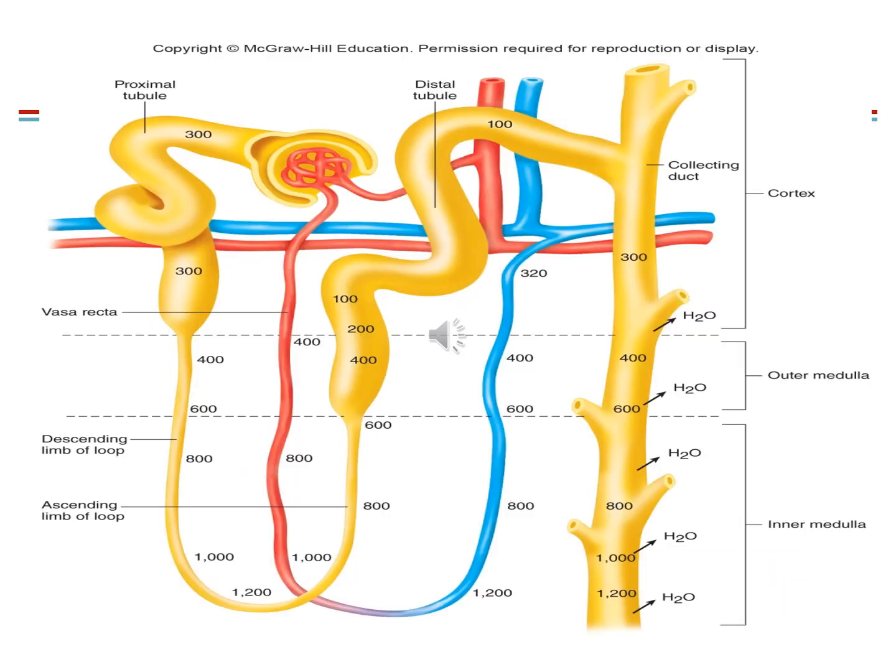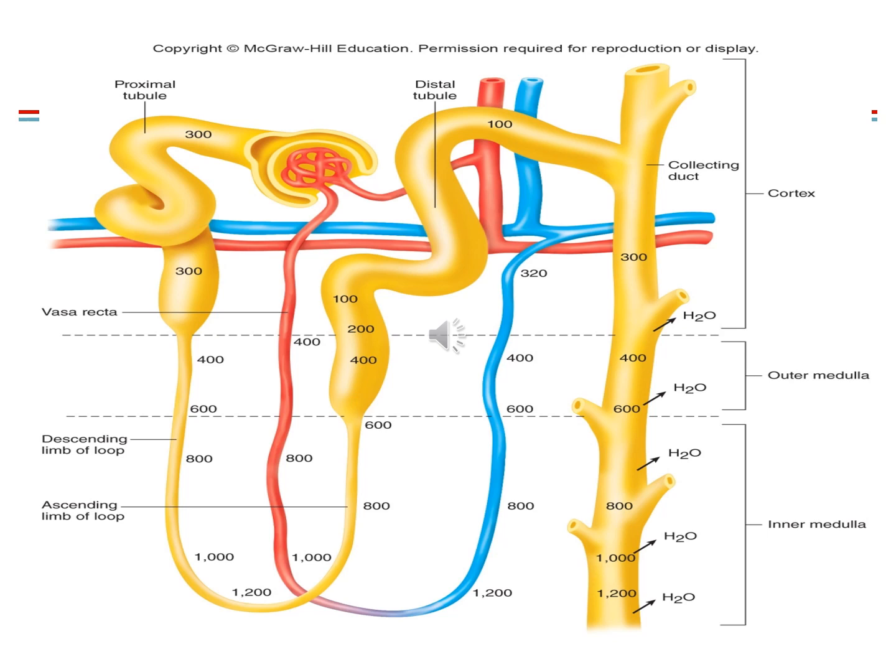I invite you to follow the direction of the filtrate in this graphic. Let's start from the renal corpuscle. After the capsule receives the filtrate, that filtrate goes into the proximal convoluted tube.